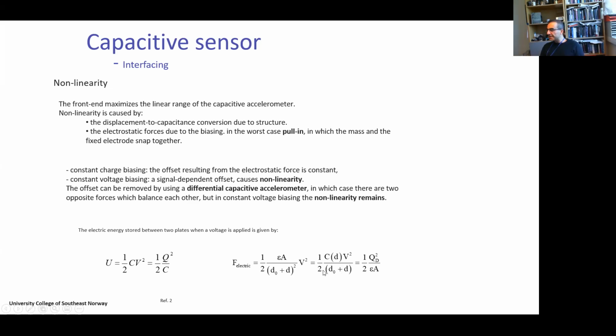However, the charge biasing is a bit more challenging. It's difficult to have good charge biasing circuits, and then we have leakages in the system, so the charge will not remain, and that's a bit challenging. So from now on, all the circuits I present are based on voltage biasing.